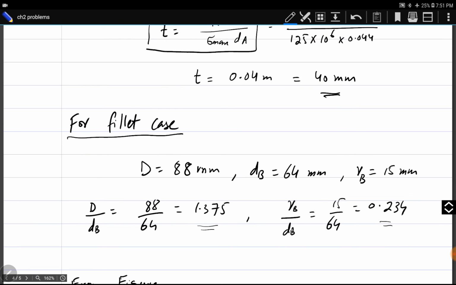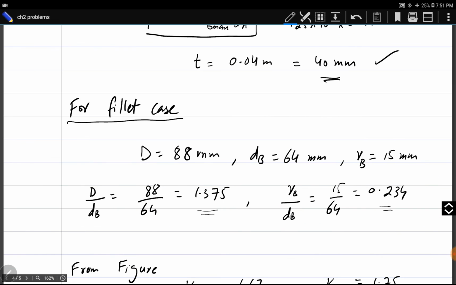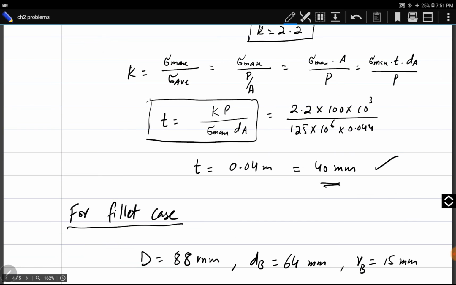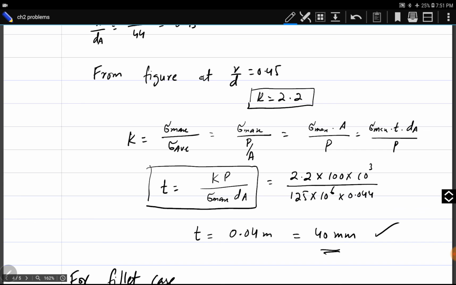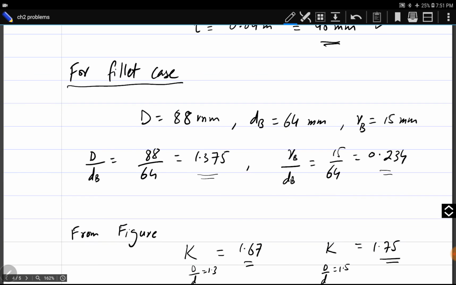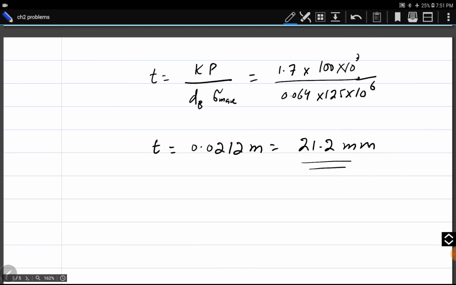We have to decide which one is the minimum allowed thickness. This value is maximum, and this is the minimum allowable thickness, because this plate will be safe for the case of hole at the thickness of 40 mm, and the plate will be safe for the case of fillet at a thickness of 21.2 mm.